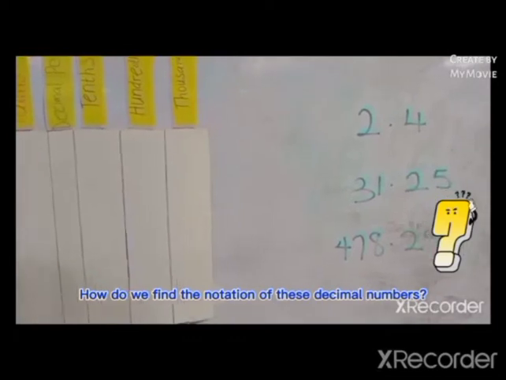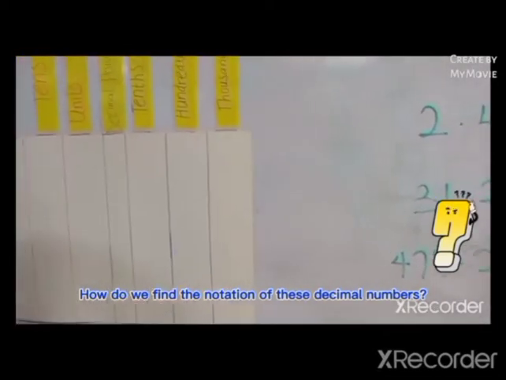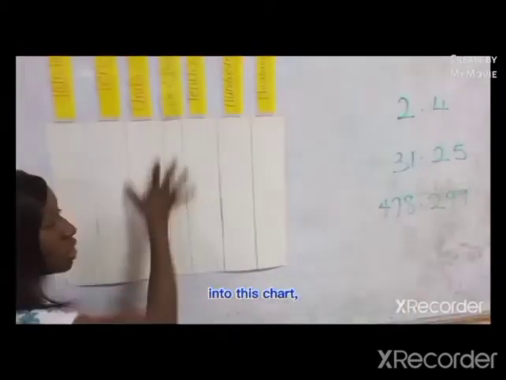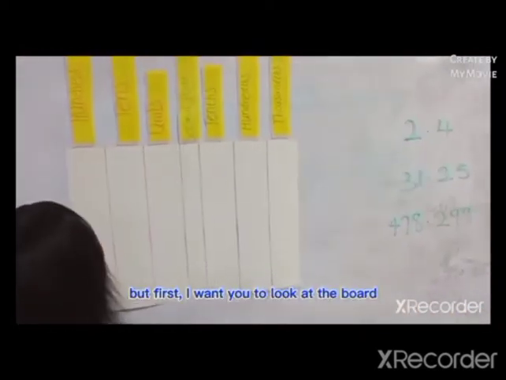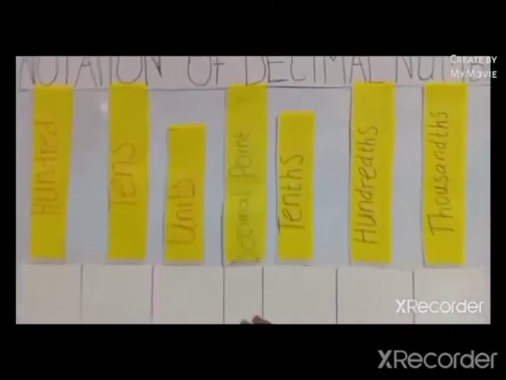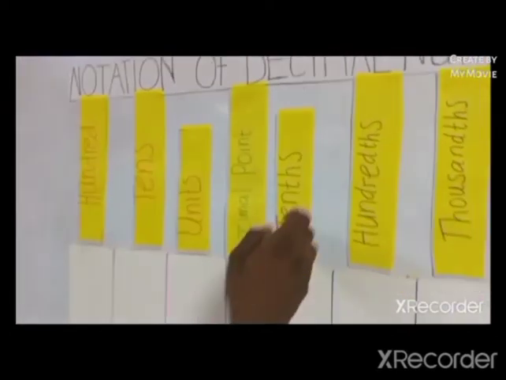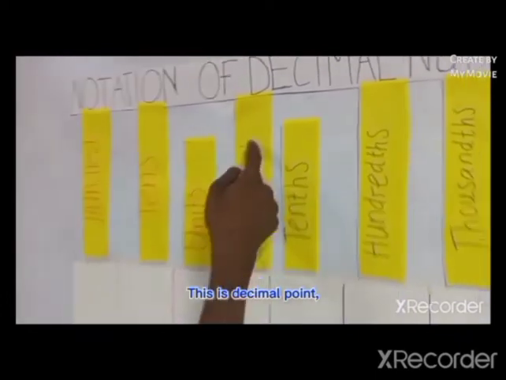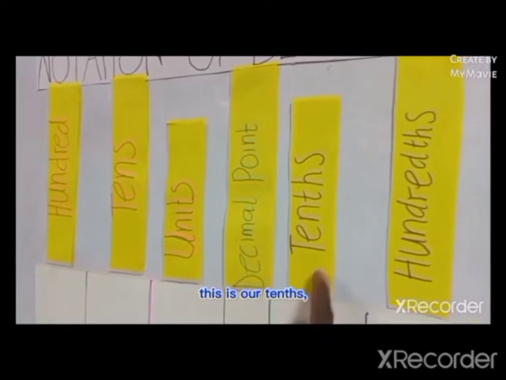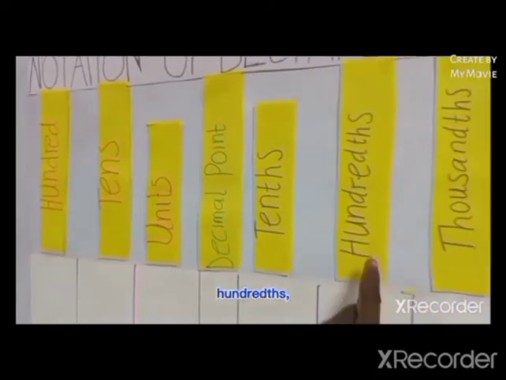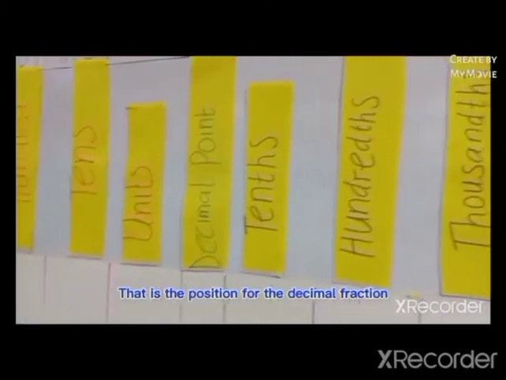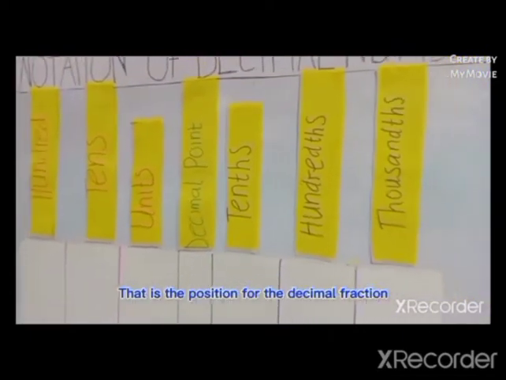How do we find the notation of these decimal numbers? We are going to be filling each of these numbers into this chart. But first, I want you to look at the board. We have some words written. This is decimal point. This is our tenths, hundredths, thousandths. That is the position for the decimal fraction.